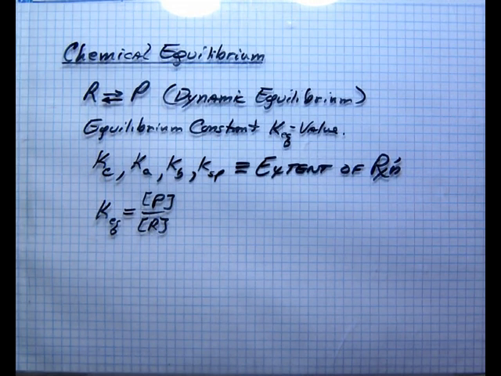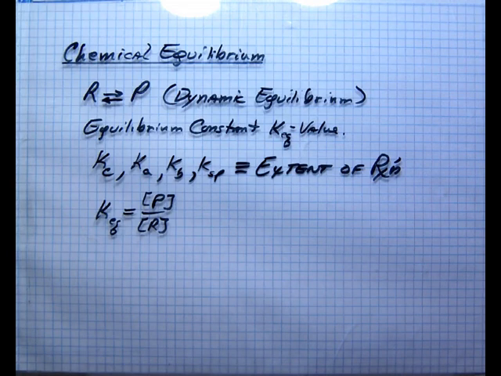Now, if you change the temperature, the equilibrium constant will change. However, it changes proportionally, and we'll get to that today and show you how that takes place. An equilibrium, once established, is reasonably stable unless one of three things happens.